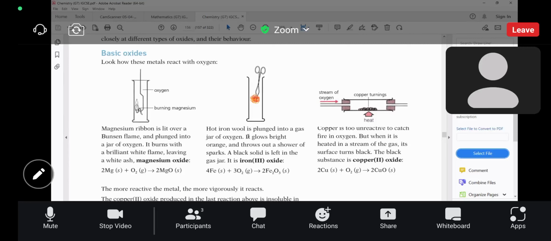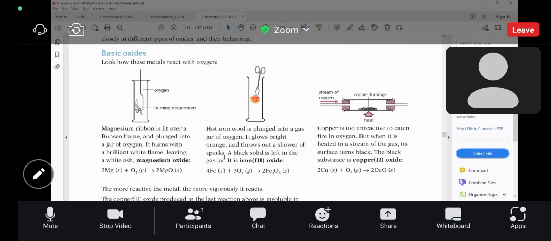And what will happen is it glows bright orange. So you will observe a bright orange color. But when magnesium burns, you will observe white fume. But when iron burns, you will observe what? Bright orange, and throws out a shower of sparks.